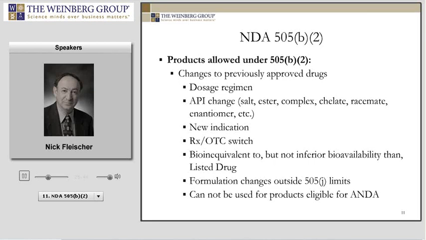However, sometimes a sponsor may want to use an excipient outside of that range. So while that may not fall under acceptability as an ANDA, because it would require additional safety information to justify the use of that inactive ingredient outside the range, that is a possibility to go down the 505(b)(2) NDA route.